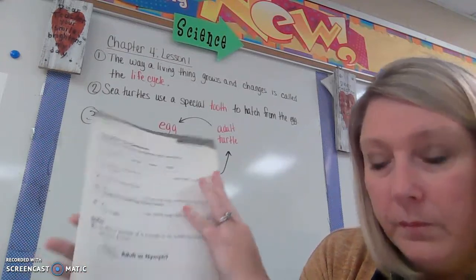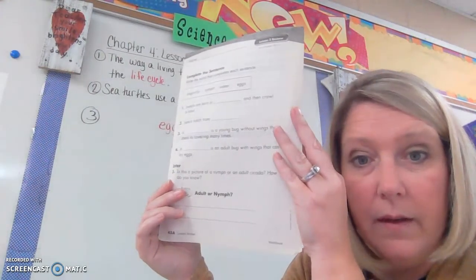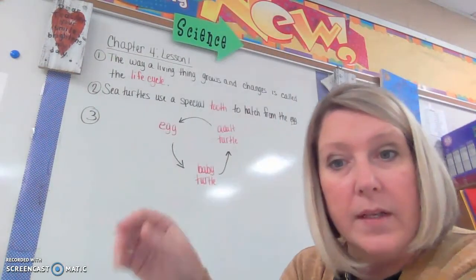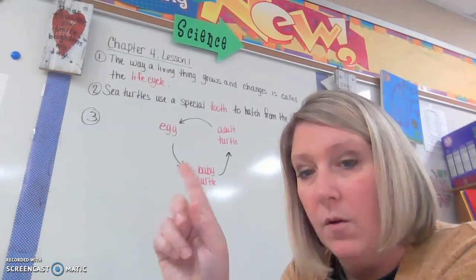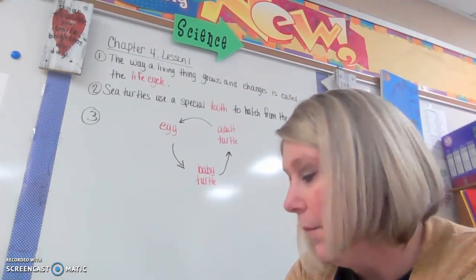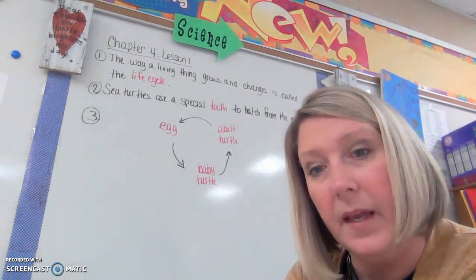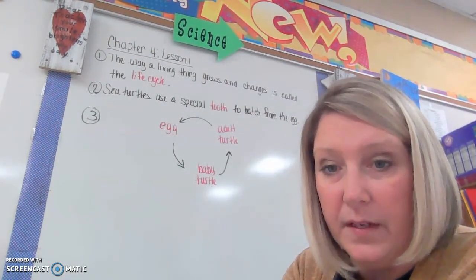How do you know? Okay, well, I'm going to go ahead and tell you. It's a nymph. Okay? Now, how do we know it's a nymph? What's so special about nymphs? Go back up to that vocabulary word on the top of page 108. Okay? And that's where you'll find your answer.